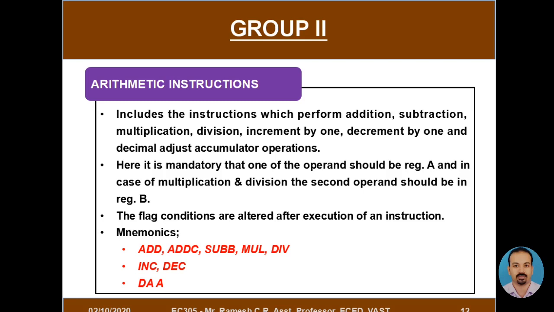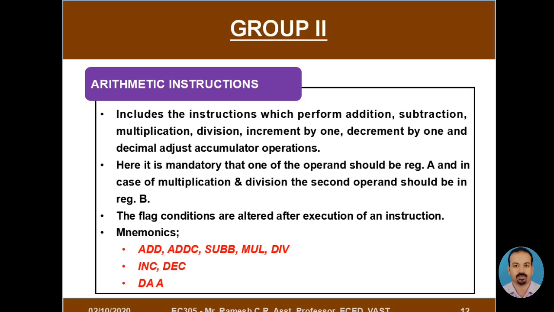Then there is no separate mnemonic for performing subtraction with and without borrow. There is only a single instruction, that is SUBB, and the mnemonic for performing multiplication is MUL, and for division it is DIV. And to perform increment by 1 and decrement by 1, we have two mnemonics, INC and DEC.